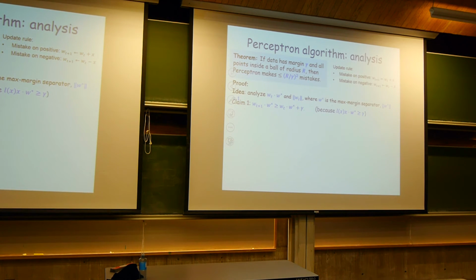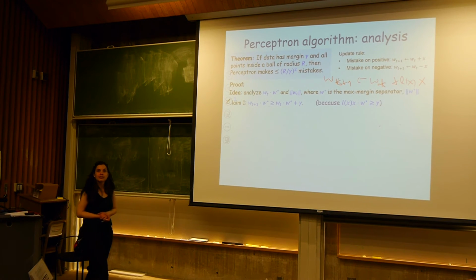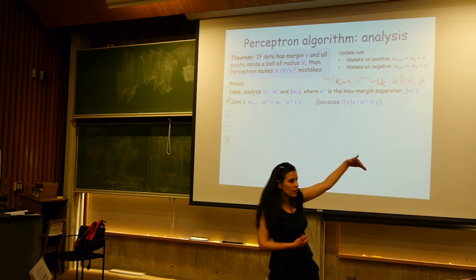Let me summarize the update rule. Another way to rewrite the update rule more succinctly is that WT plus 1 is WT plus the label of X times X. Because if I make a mistake on a negative example, I subtract the example.